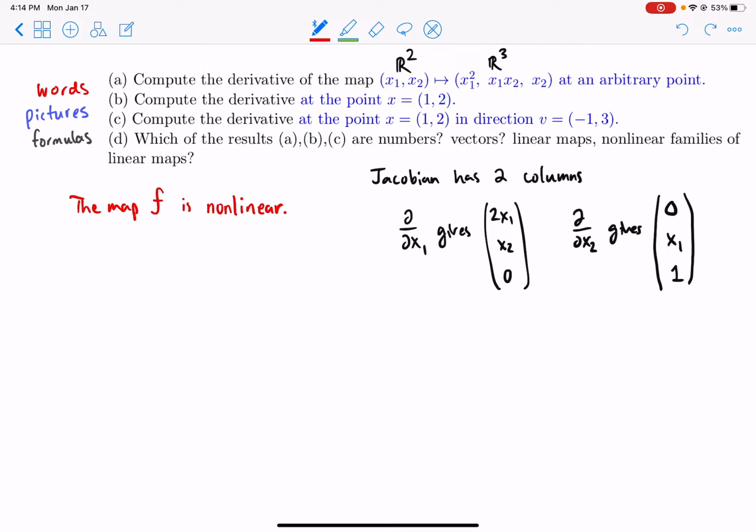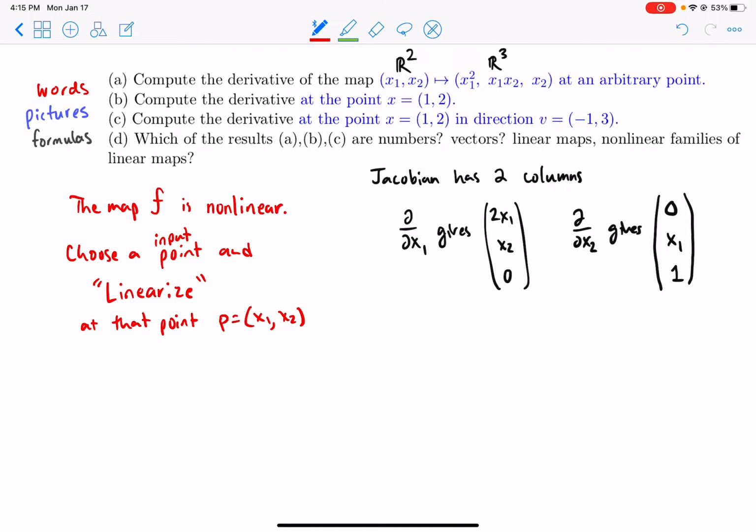And so what we'd rather do is choose a point and linearize at that point. I guess it's an input point. We're going to choose an input point. Let's call it P equals x1, x2.